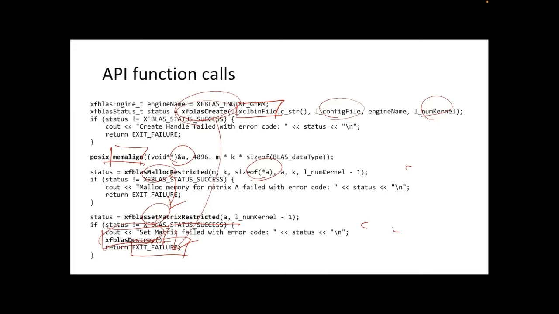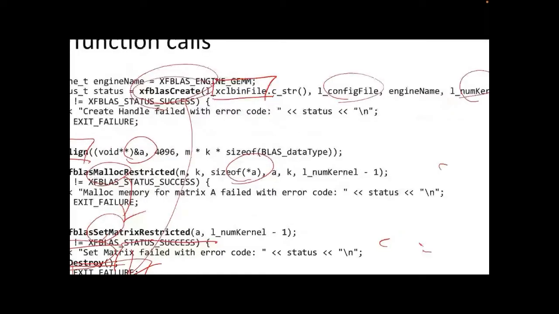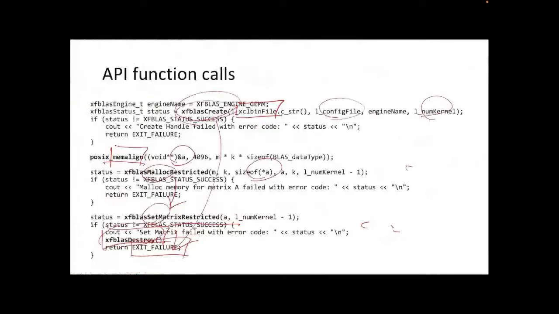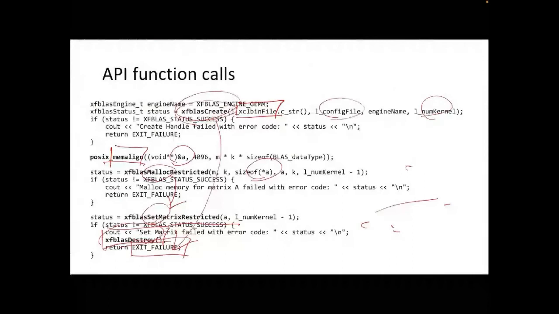The nodes may be thousands, more than thousands, maybe millions of nodes. And you want to move the whole matrix to the FPGA side. Okay.